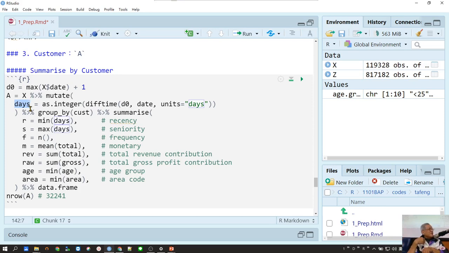So let me say it again: days is the number of days since this customer last came to us. That is important. So if the days is 7, it means that 7 days ago was the last time this customer came to us.